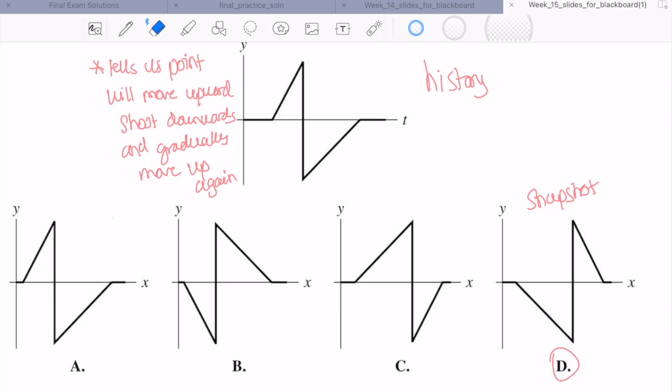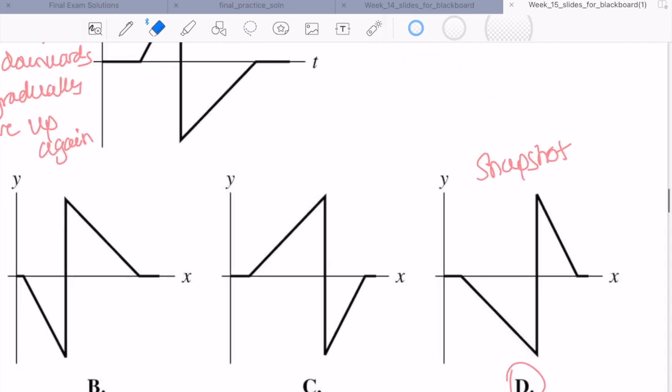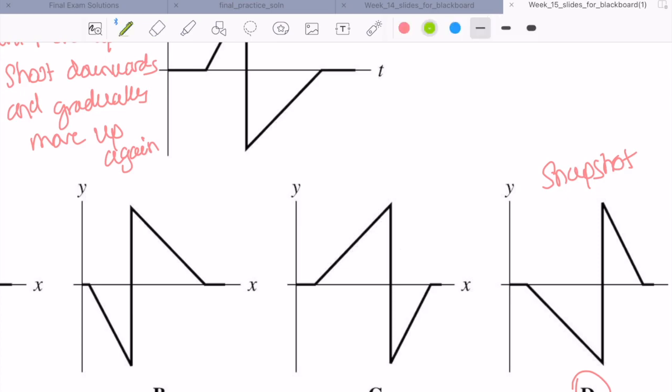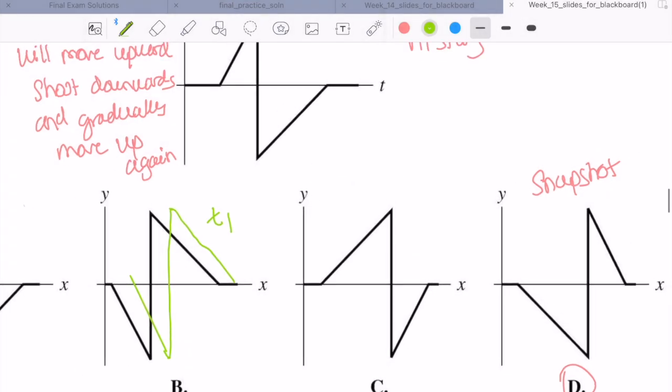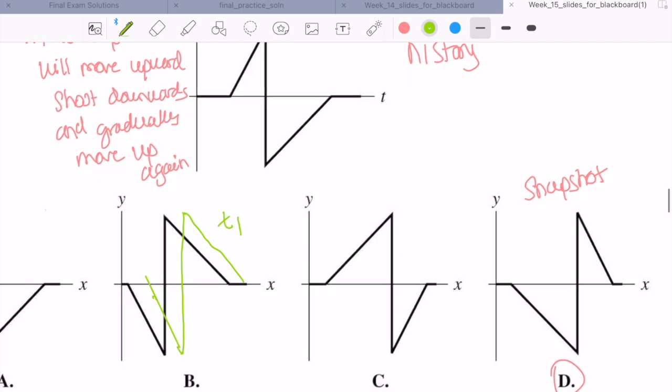I'm not sure if it will. So I'm wondering, if you just take this snapshot here and you shift it to the right at T1, and we're just looking at a specific point here, and that moved upwards like this.